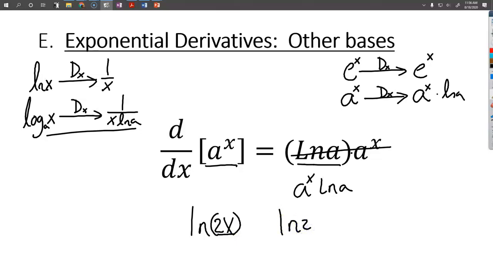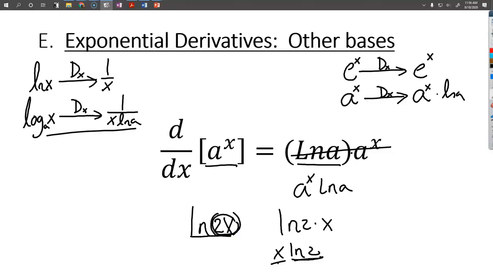But if you wanted this instead, ln of 2 times x, you would need to write it like this. In this case, you're taking the natural log of 2 and you're multiplying the final answer by x. So it's different to multiply by 2 and then take the log than it is to take the log and then multiply by x.